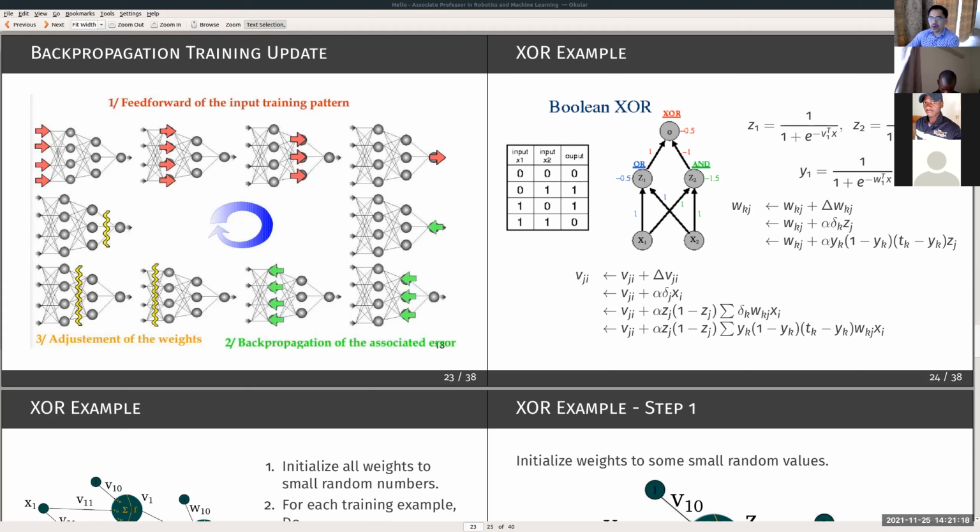Here in the feed forward, we are using whatever weights are assigned randomly, or at the start are initialized weights.